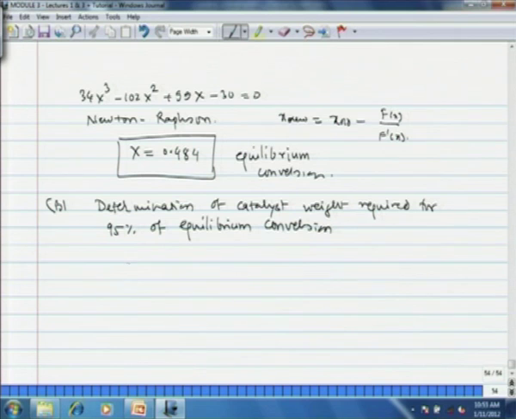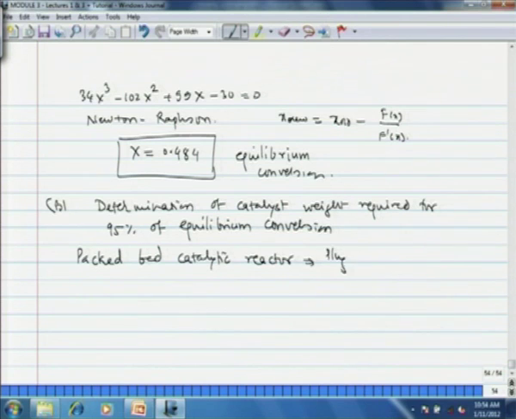Now the general formula for a catalytic reactor, we have been given a packed bed reactor. The rate expression is in terms of kg catalyst, so we can assume a plug flow reactor, plug flow behavior.